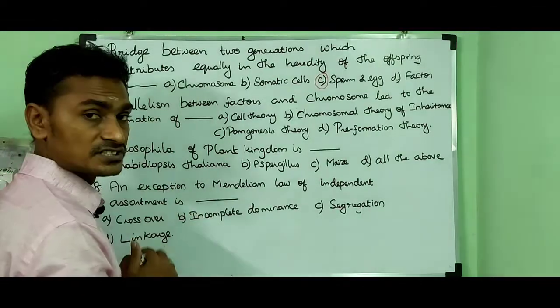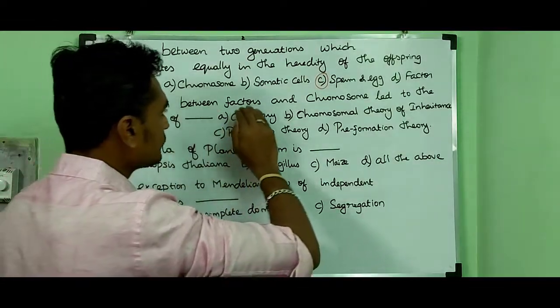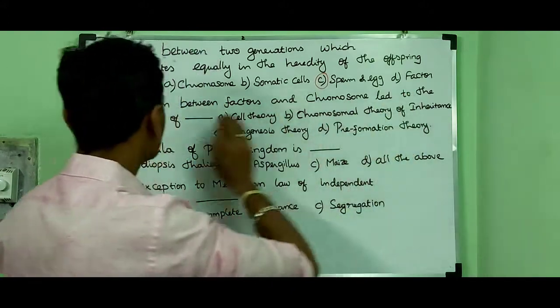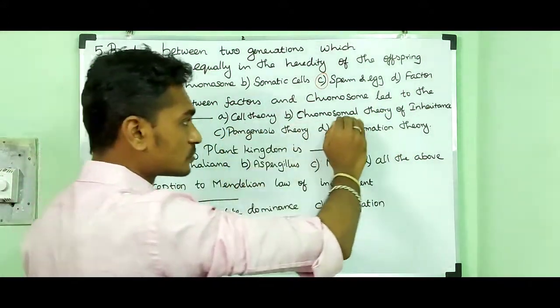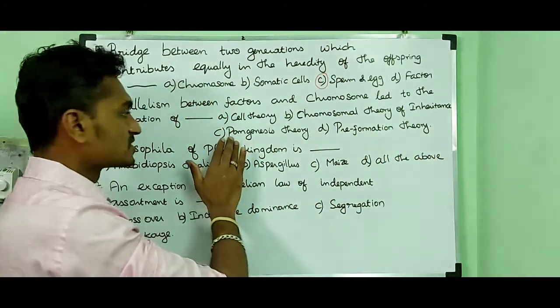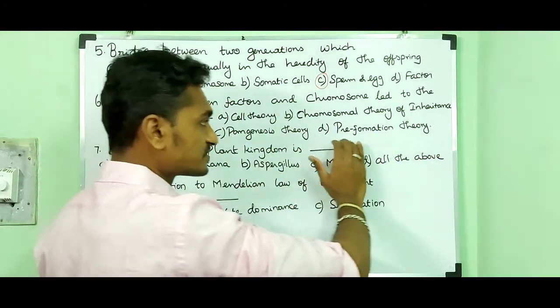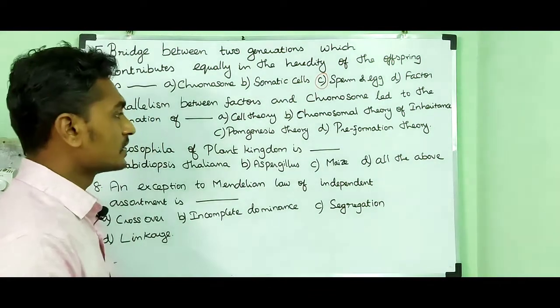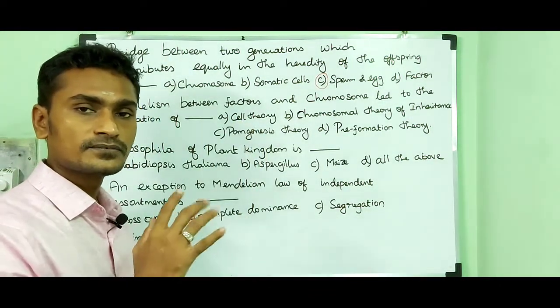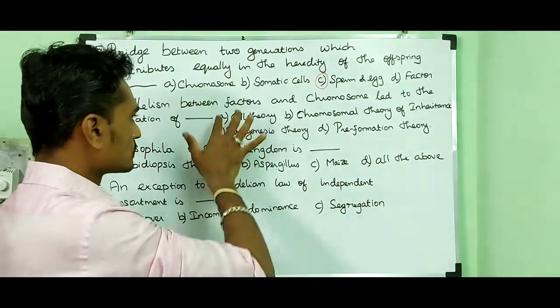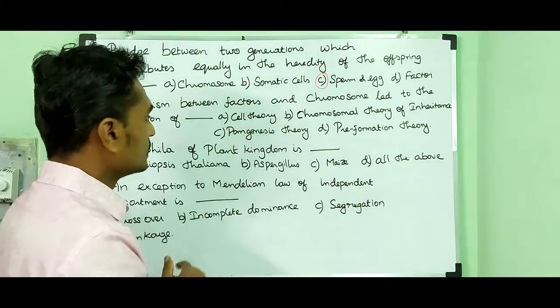The sixth question: parallelism between factors and chromosomes led to the formation of the dash theory. Option A, cell theory; option B, chromosomal theory of inheritance; option C, pangenesis theory; option D, preformation theory. Cell theory means the cell is the basic and functional unit of all organisms, so option A is wrong.